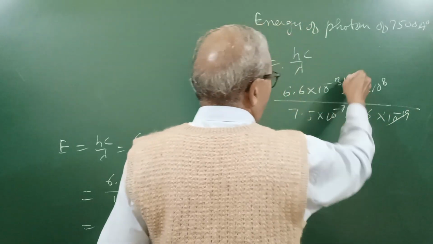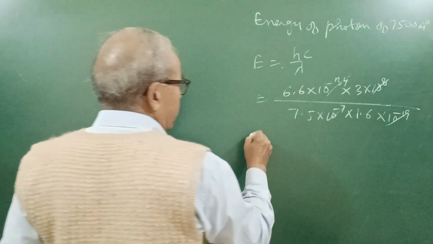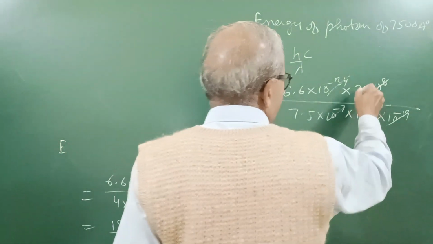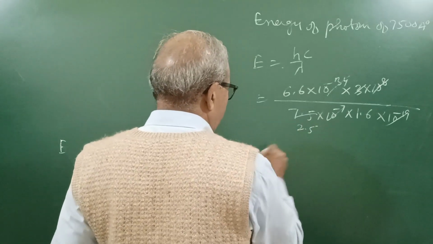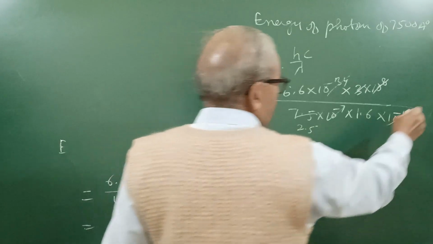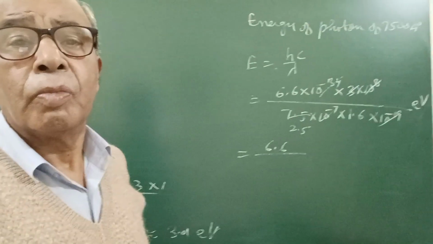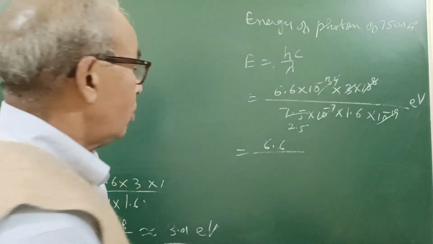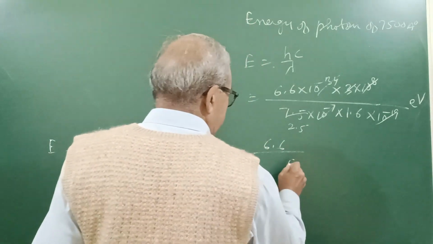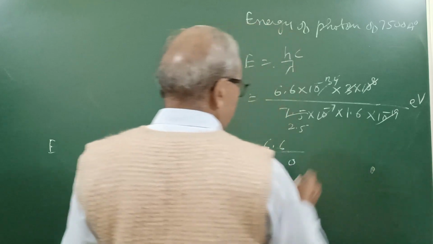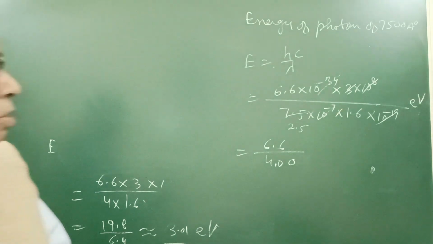Now it has become simple, 2.5. So 6.6 upon 2.5 into 10 to the power minus 19 in eV, which is 6.6 divided by 1.6, or 6.6 upon 4 simply.